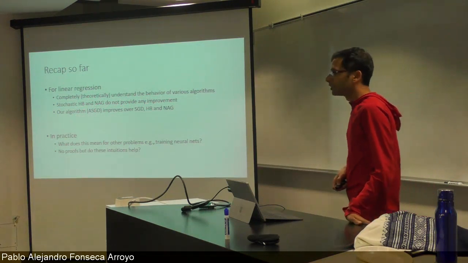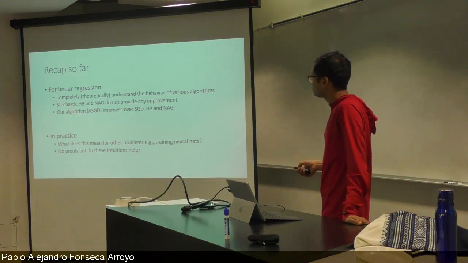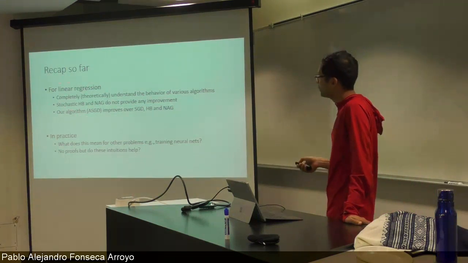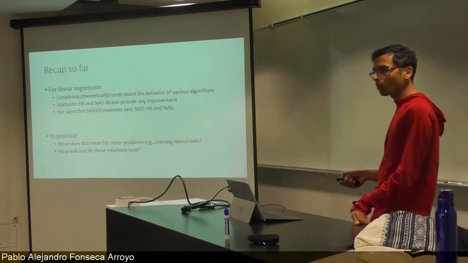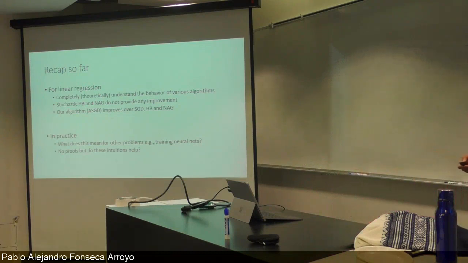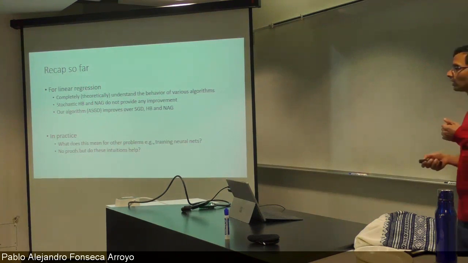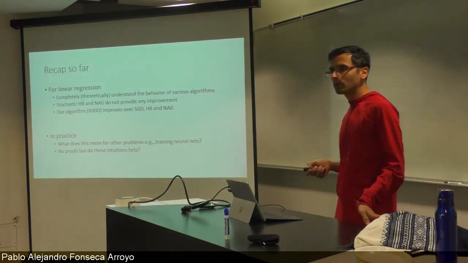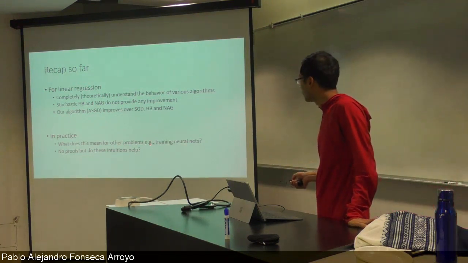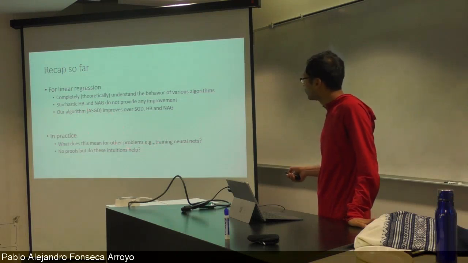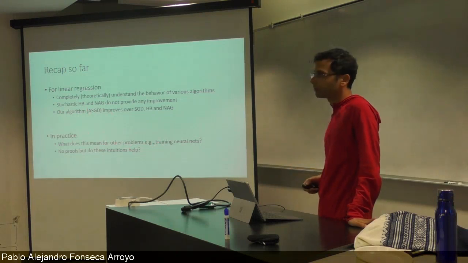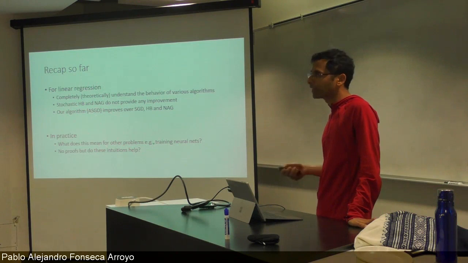Okay. Now the question is, we have thoroughly understood these questions for the linear regression problem. Does any of these conclusions have any relevance to more complicated problems, in particular, say, training neural networks? Do any of these intuitions actually help us in understanding these things better?